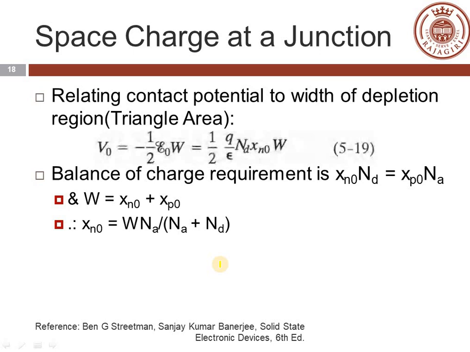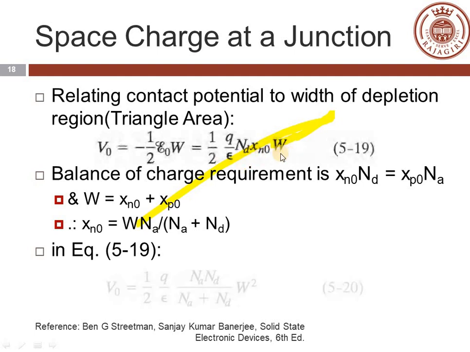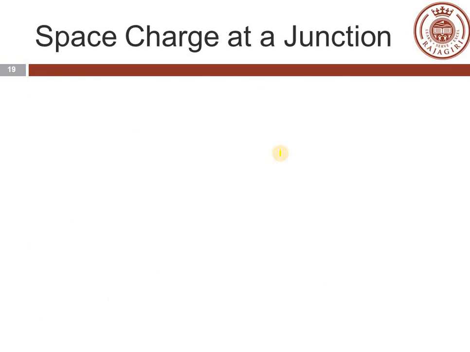And we know the transition region W equals xn0 plus xp0. Rearranging this equation, xn0 = W Na/(Na + Nd). Substituting this into the previous equation 5.9, we get the contact potential V0 = 1/2 (q/epsilon) (Na Nd/(Na + Nd)) W squared.